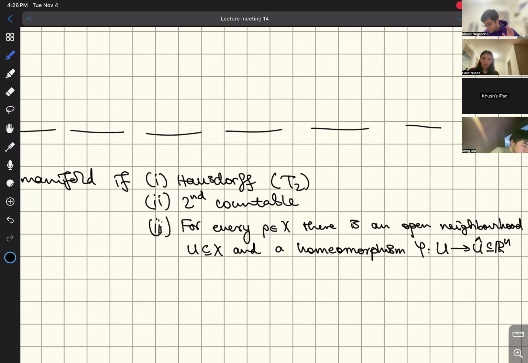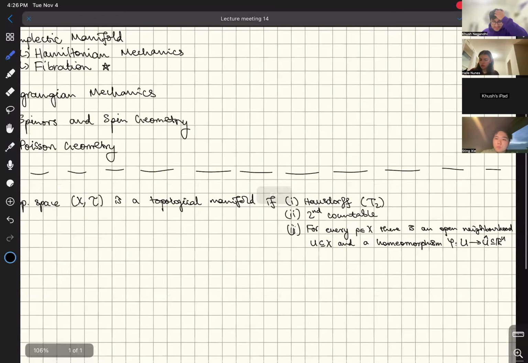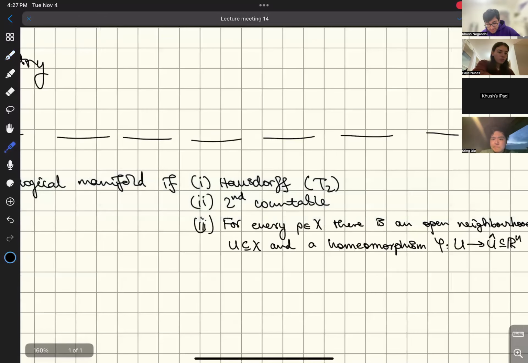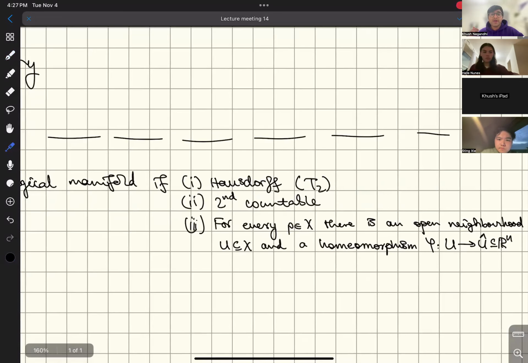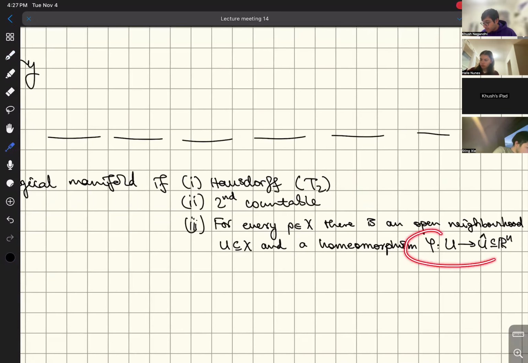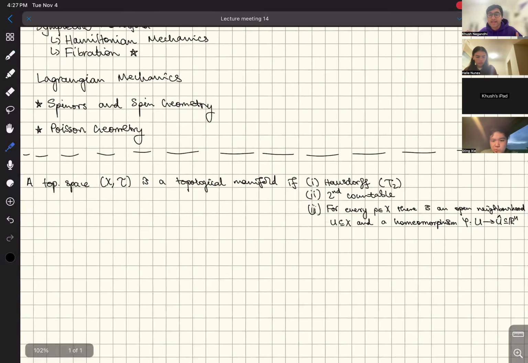This is what gives manifolds their local Euclidean property. It's the fact that locally they behave as if they were subsets of Rn. Note that the topological space X might not be a subset of Euclidean space inherently.